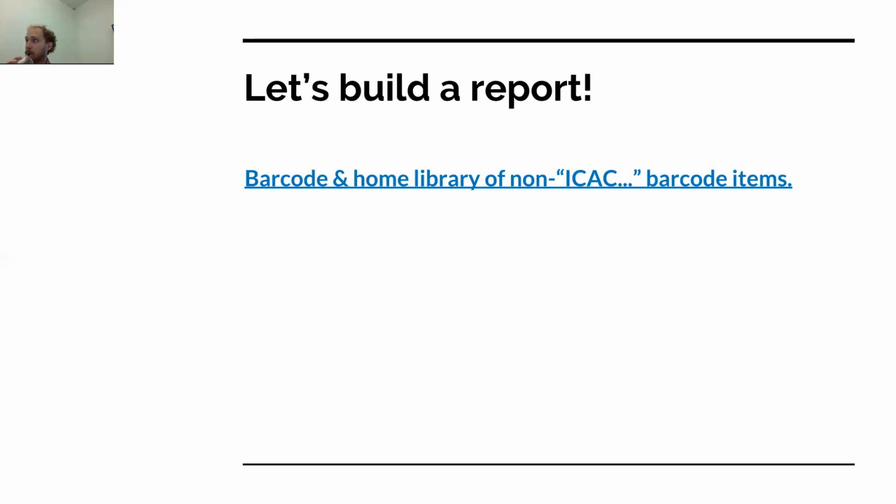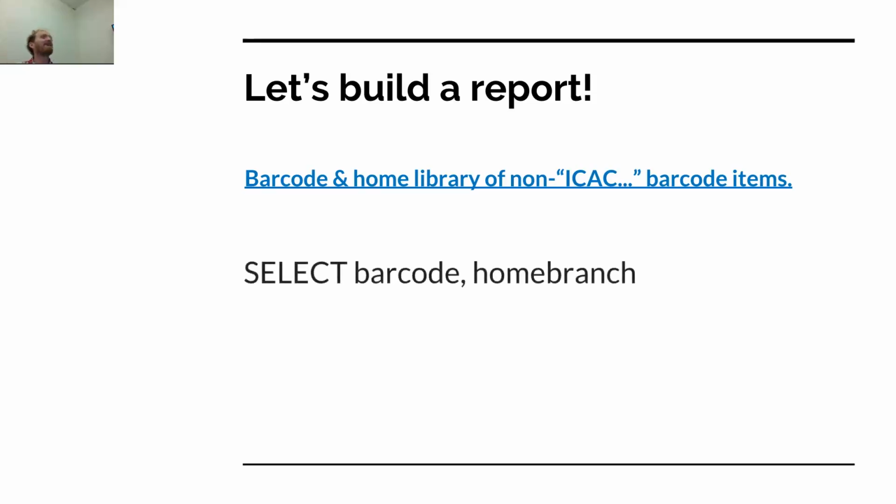SELECT barcode. The field is called home branch, but it's not "and". It's a comma. I told you, it's very pedantic. If you write "and" there, it will just throw a fit and die. So: SELECT barcode, home branch.